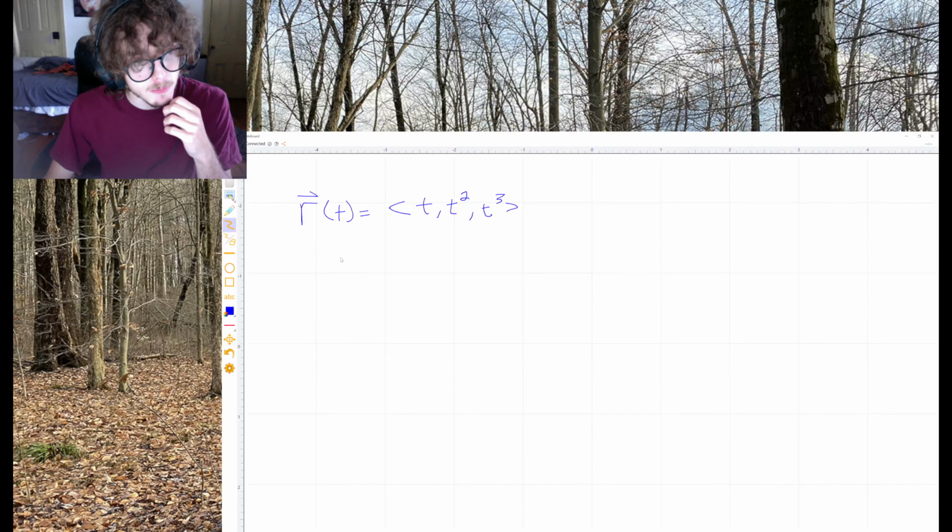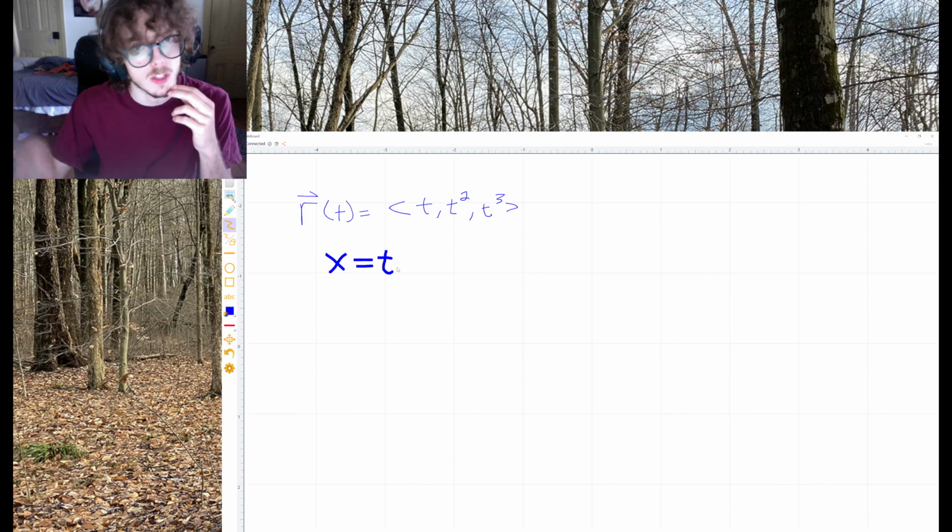So basically, let me increase my line size. x is going to be equal to t. So for every shift in the t value, t of 1 is going to output x, and t of 2 is going to output 2x. You get the point?